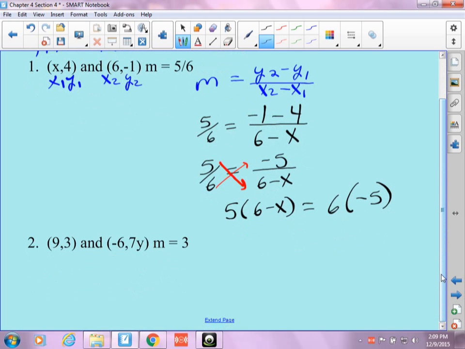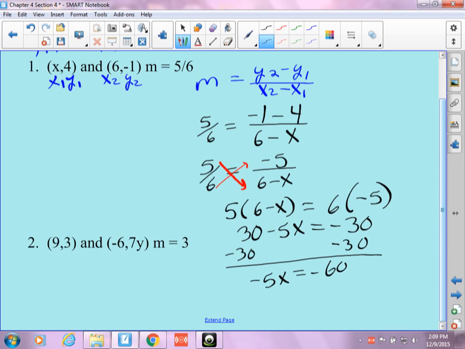Okay, so 5 times 6 is 30, minus 5x equals negative 30. The hardest part of this is the cross products, setting it up. Once you have it set up, the distributive property, it shouldn't be hard. How do I solve for x now? Yes, minus 30, negative 5x equals negative 60.